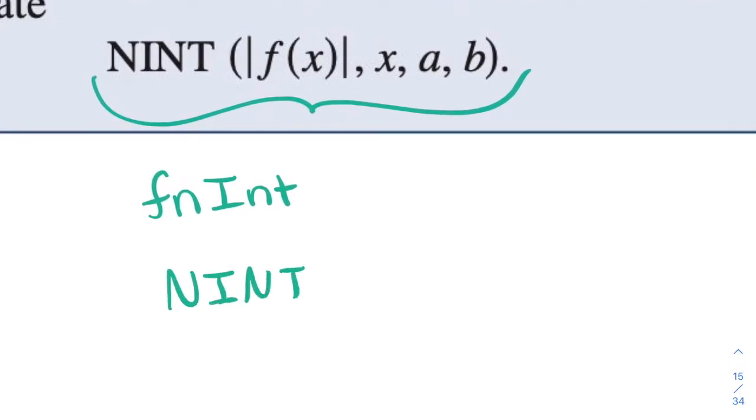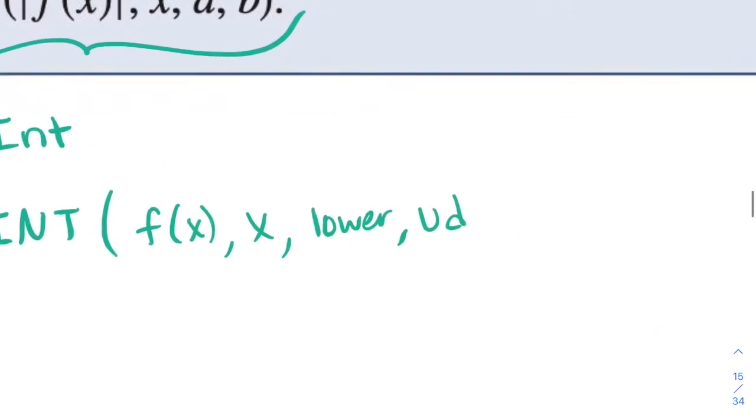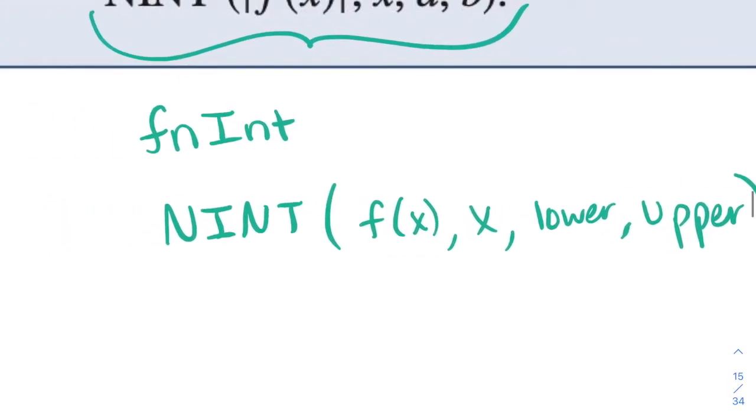No idea why, but with NINT, you would put in your function, comma, the variable, comma, lower limit, comma, upper. So it looks a little bit different versus what FNINT is.